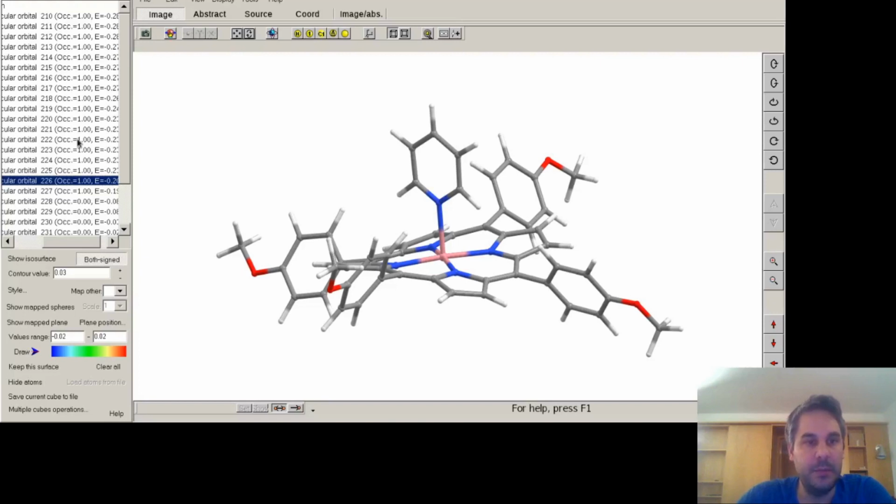So that will complete the number of orbitals which are occupied in the active space. So the first one is 222 in Chemcraft notation. So if I have 9 orbitals, that's until 230 in the Chemcraft notation.